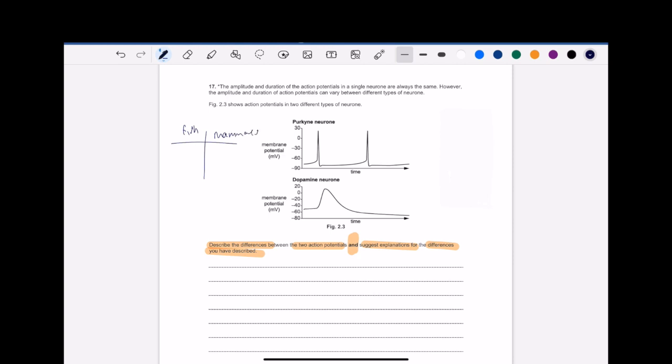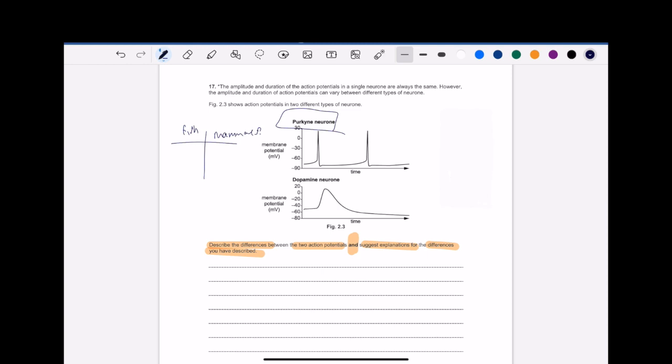But for this one, I'm not gonna set that out because sometimes you can just talk about one thing. I can just talk about this one and use comparative wording as opposed to writing two separate paragraphs of differences that they both have.